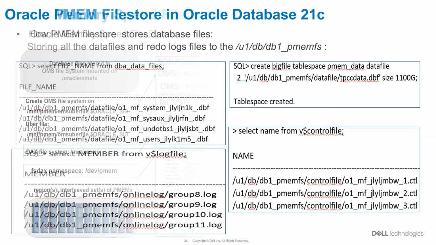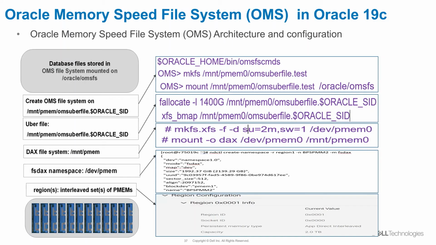And it's very similar for 19C. The only difference is you still can create a DAX file system. On top of that, you create a file called a PBR file. This PBR file is per database only. So if you create this file system, but your server has multiple databases, then you have to create multiple PBR files.